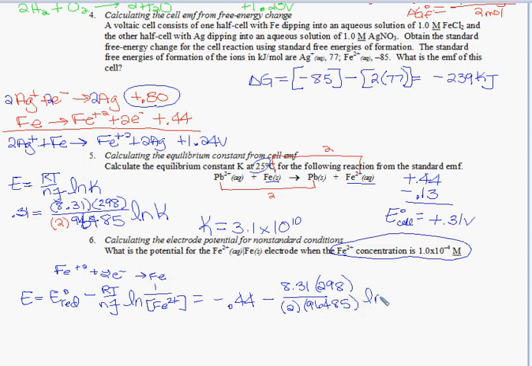Now we're going to take the natural log, and here is where we would plug in. So we were lucky that it was 1 over the concentration because it was a nice 1-to-1 ratio. So no exponents have to be present, but we do need to make sure that we plug in the value. At that point, it's a matter of calculating.